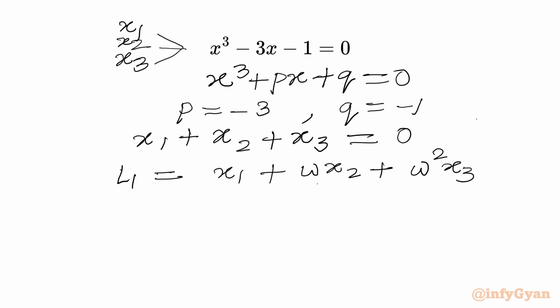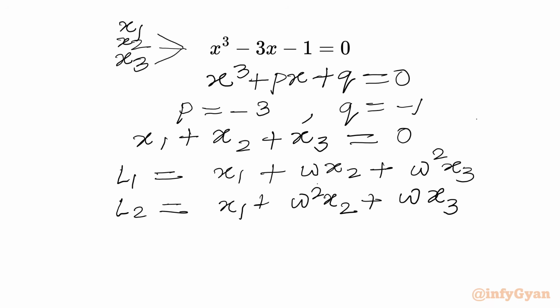Similarly, we will write L2, which is the second Lagrange resolvent, x1 plus omega square x2 this time plus omega x3. Now we have two resolvents, L1 and L2.